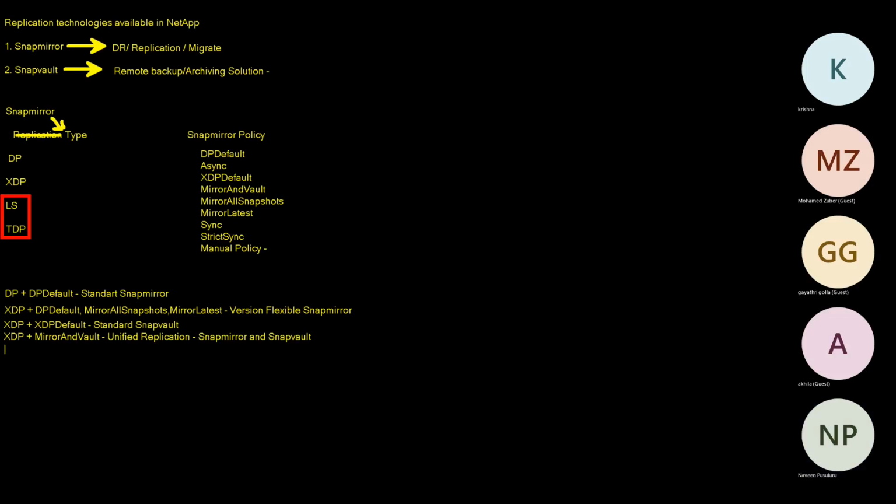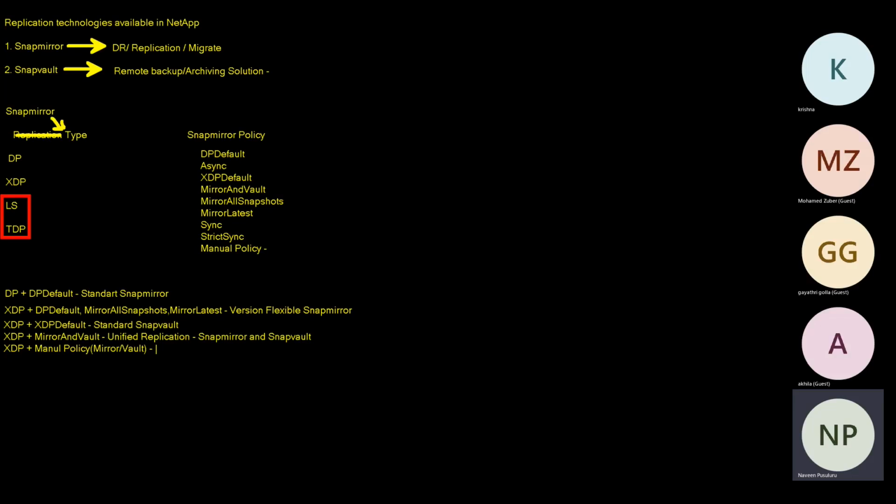Then we are combining XDP with a manual policy. While creating the manual policy, if you mention type mirror, then it will work as a version flexible snap mirror. If you mention vault while creating the manual policy, it will work as a snap vault.